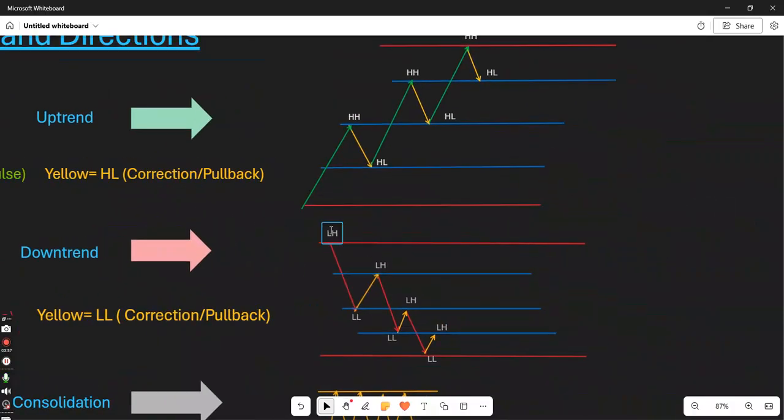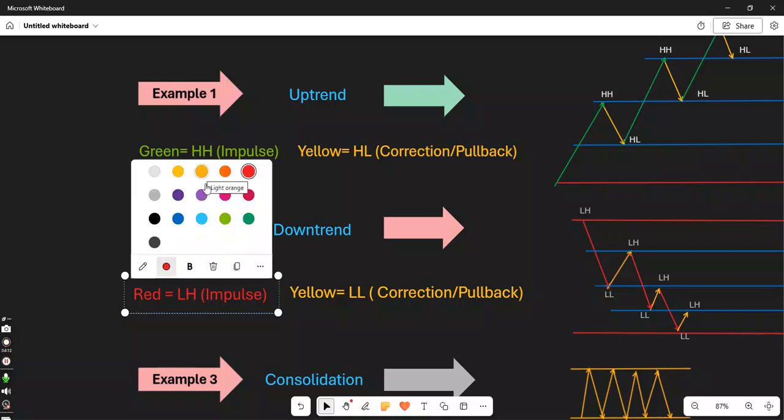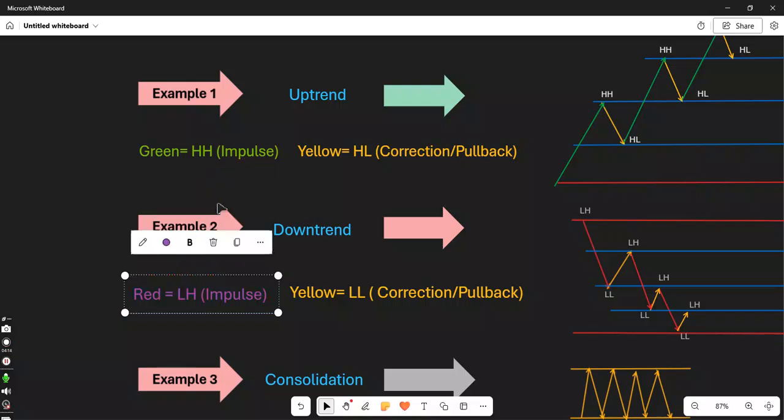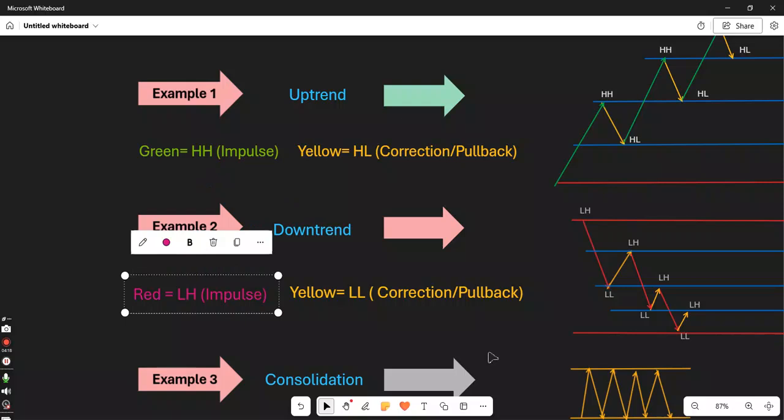So the thing that is pretty much similar are lower highs and higher lows. Those are similar. Higher highs and lower lows are similar as well. So higher highs are always going to be your impulse. Lower highs are always going to be your impulse. Your higher lows and lower lows are always going to be your correction and things of that nature. So just take a note of that, write it down.